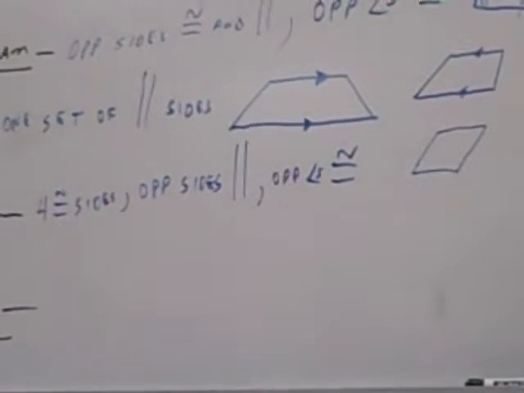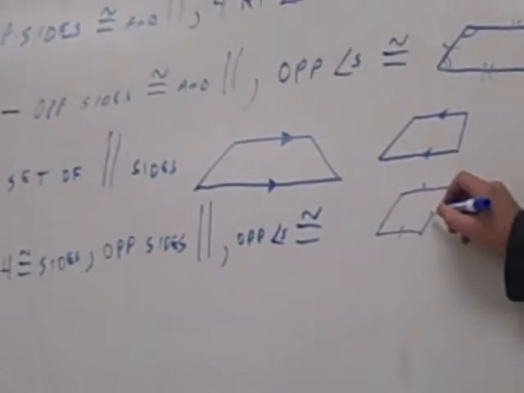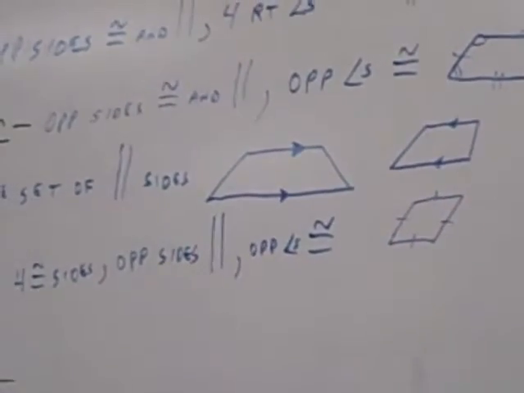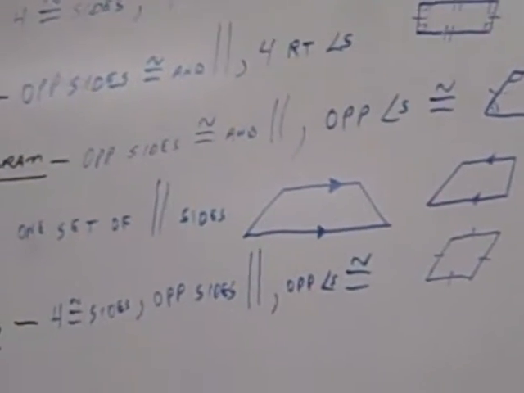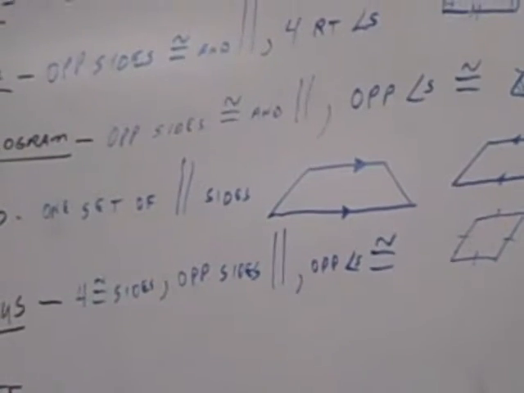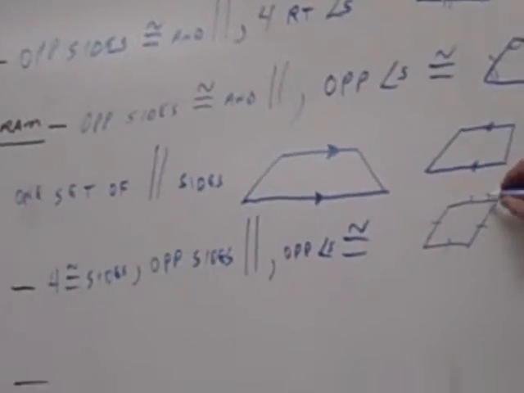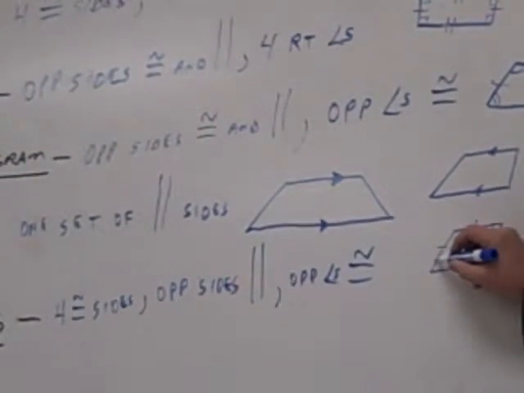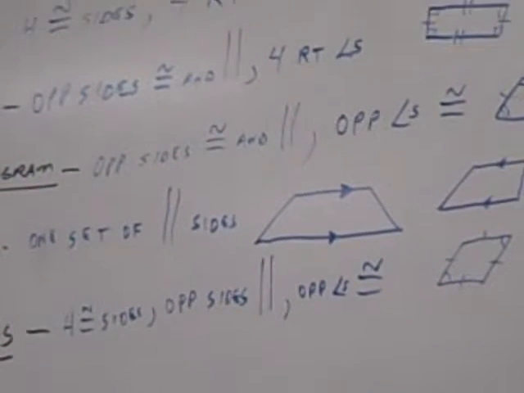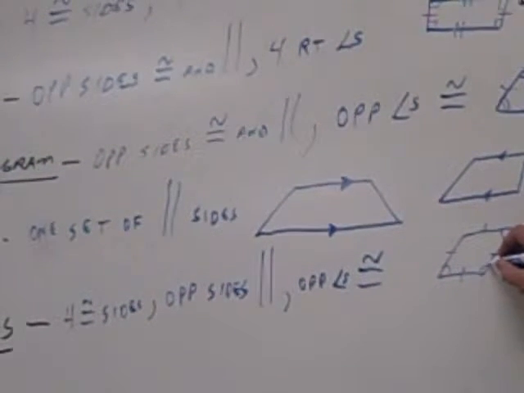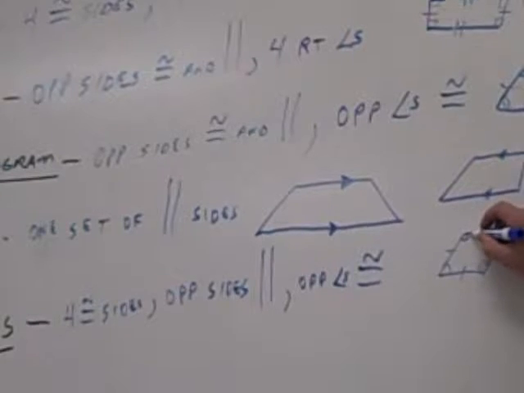Oh, well, that's about the best I can do. Single slash, single slash, single slash. Now, what about the vertices, the angles? One swoosh, double swoosh, double swoosh.